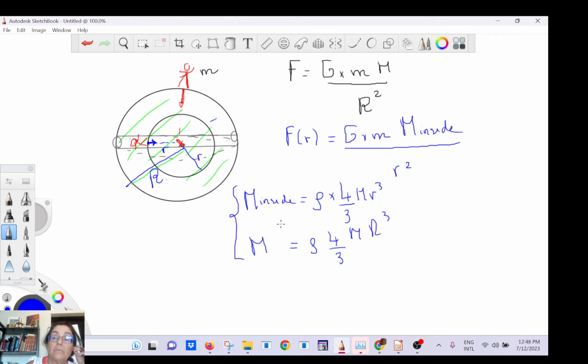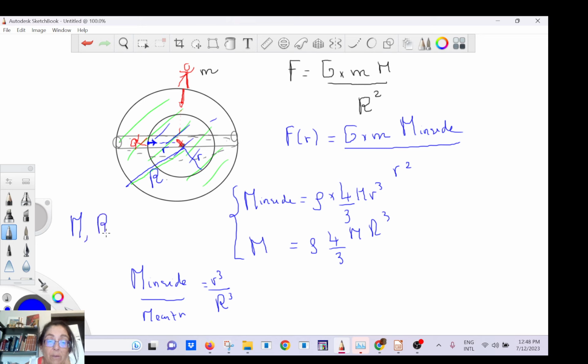So I can see there is a ratio between them. So I can say that the mass inside, so the mass that is pulling me toward the center, over the mass of the Earth is just r cubed over the Earth radius cubed. So the mass of the Earth, the radius of the Earth, and G are just constants, right?